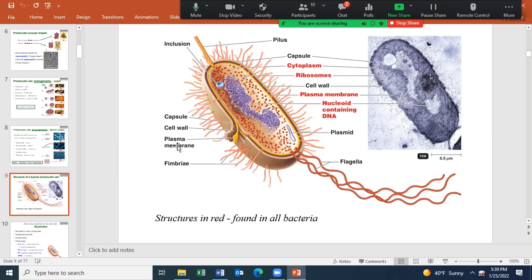I'm not sure why that isn't red. It's red over here. The plasma membrane is in all cells. And then fimbriae and flagella. These are things that you see in some cells.